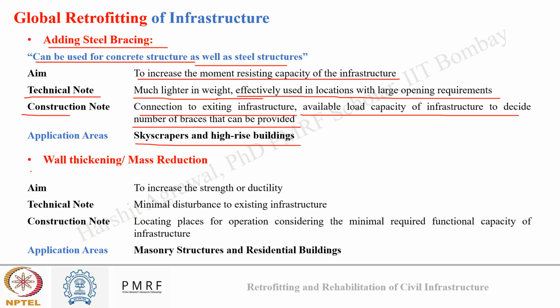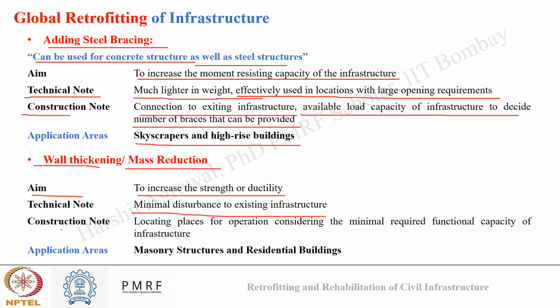Now, the third measure of global retrofitting can be wall thickening or mass reduction. Again, its aim is to increase the strength or ductility of the building. The main advantage of the wall thickening or mass reduction technique comes in the form of minimal disturbance to the existing infrastructure.